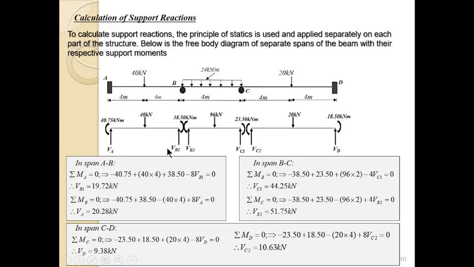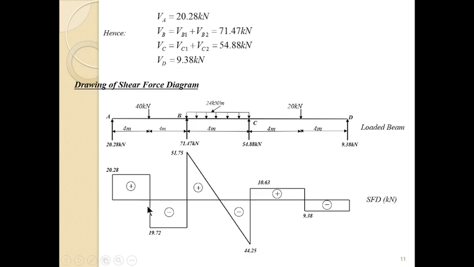When you put all the moments, you will just be analyzing each of the spans separately to have the support reactions. If you need more detail, like I said, watch part 2 of our video on moment distribution method. With this, you're able to find the support reactions VA, and VB will be the two VBs.